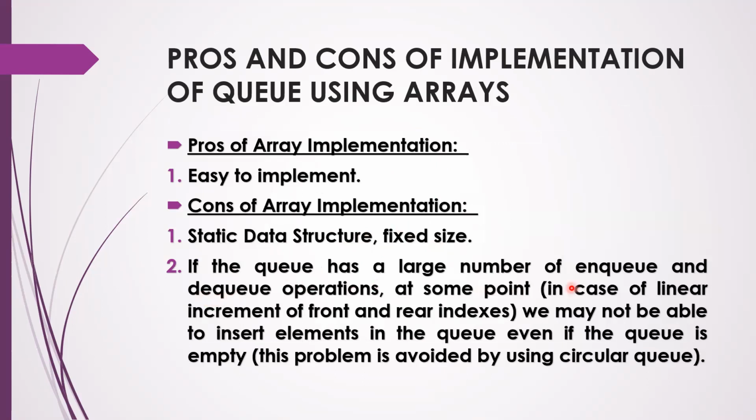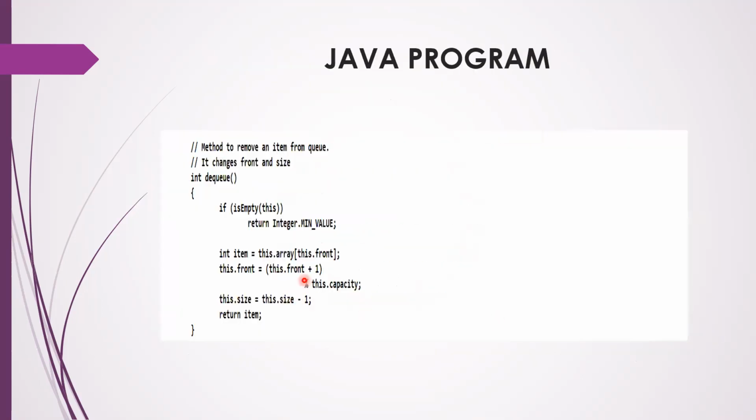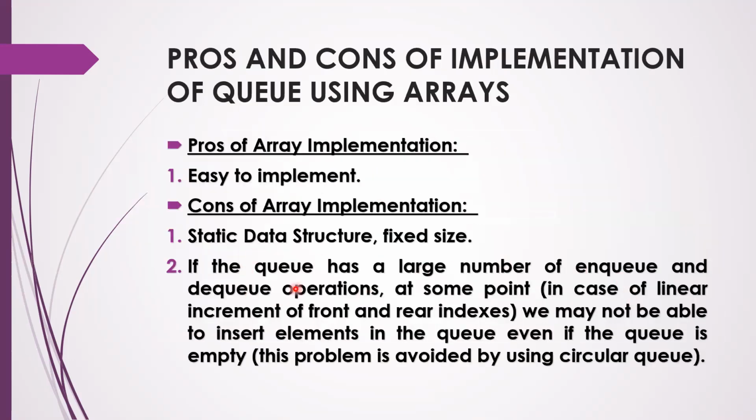If the queue has a large number of NQ and DQ operations, in case of linear increment of front and rear index, we may not be able to insert elements in the queue even if the queue has empty spaces. Here you have done a circular increment, meaning this.front plus 1 modulus this.capacity. So you have done a modulus operation with the capacity, in order to reuse the empty spaces and insert again. So that problem is solved by circular queue.